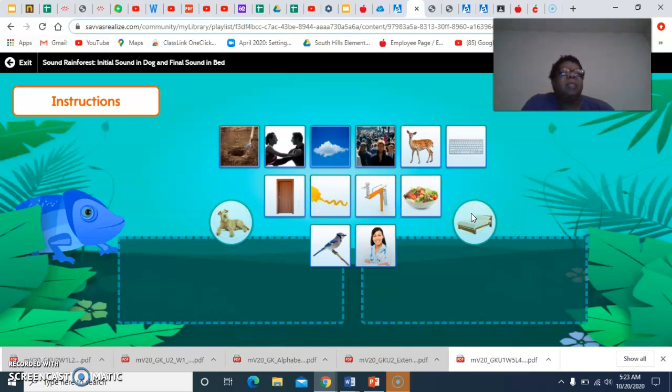So if it's at the beginning of the word, the initial sound or the first sound, it will be dog. If the picture goes in this box, it has the final sound or the last sound, like bed, bed. The very last sound that I say makes the D sound, and it's bed. So let's practice. Where do you think dig goes?